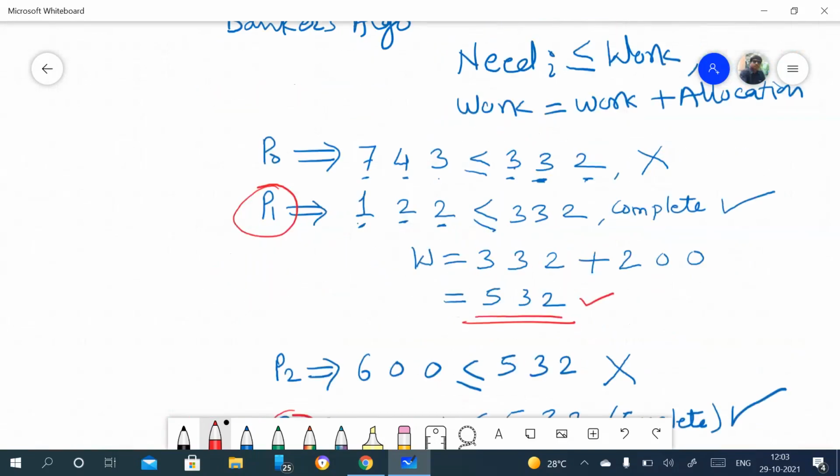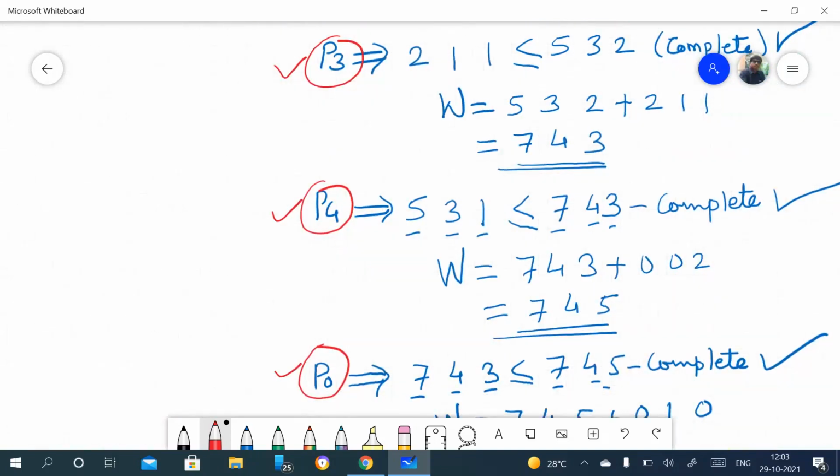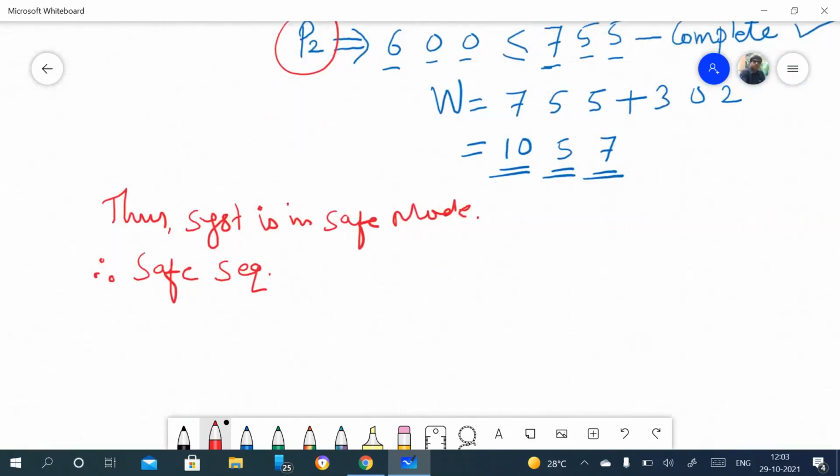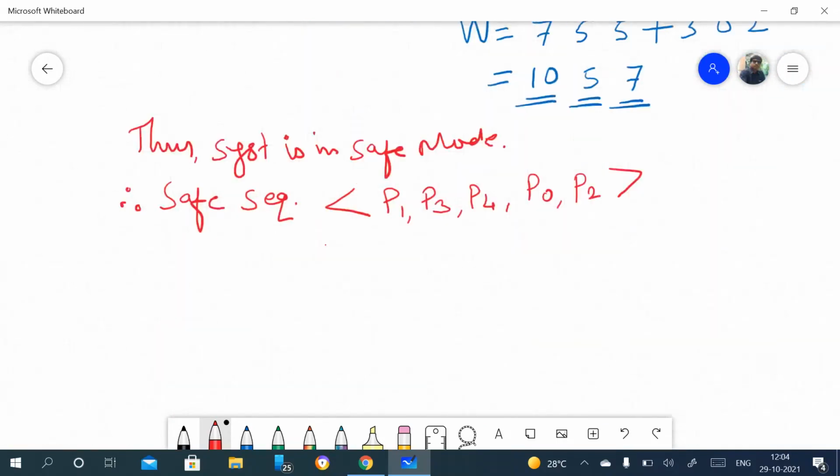P1 executed, then P3, then P4, then P0, and then P2, right? So the safe sequence would be P1, P3, P4, P0, and P2. So this is our safe sequence. You can see this is a very simple thing if you understood the previous example. So this was deadlock avoidance, right?